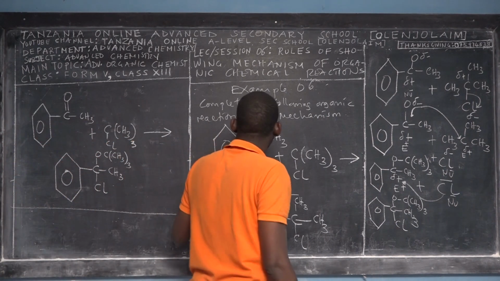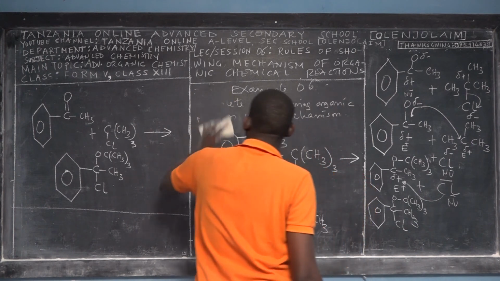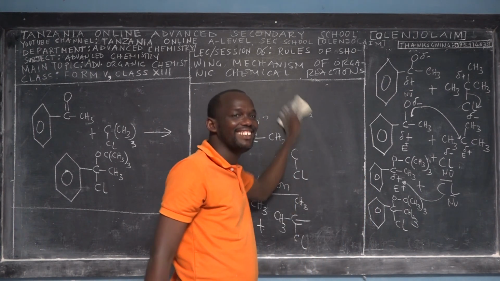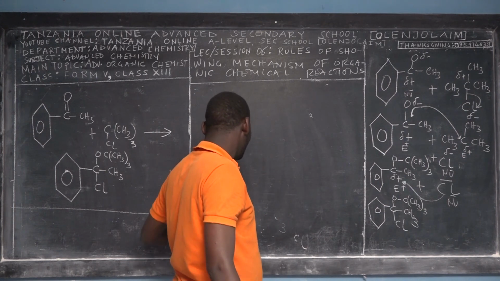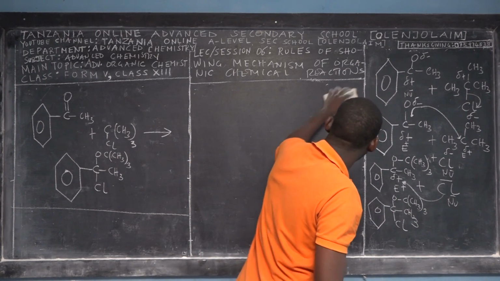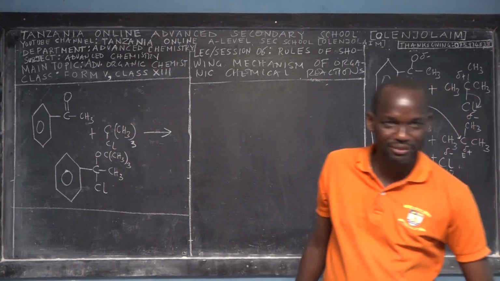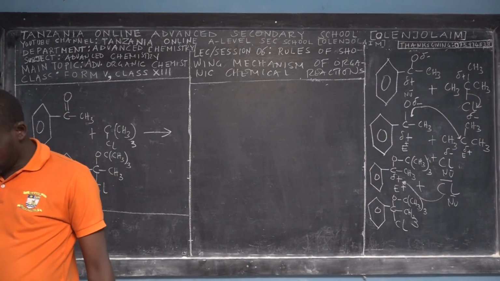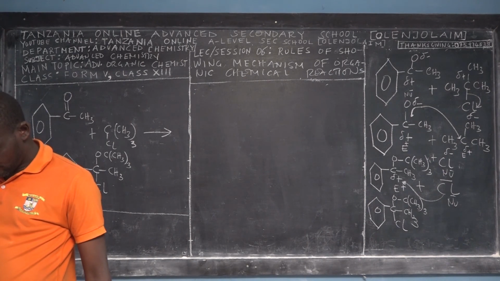Okay? Should I leave homework for you in this part, or should I forgive you? Even if you say, sir, forgive me in that part, I won't forgive you in the near future. We'll be having many chemical reactions in future.